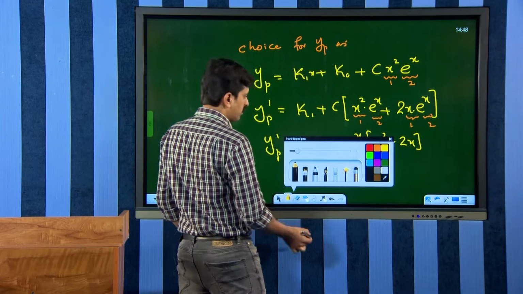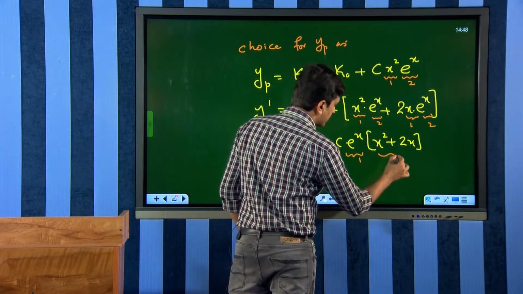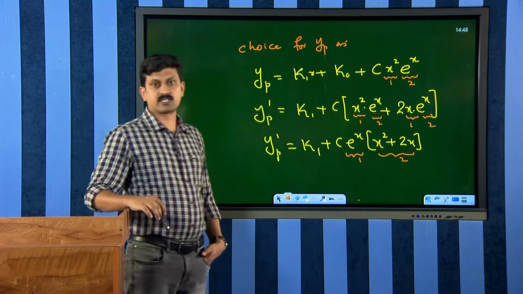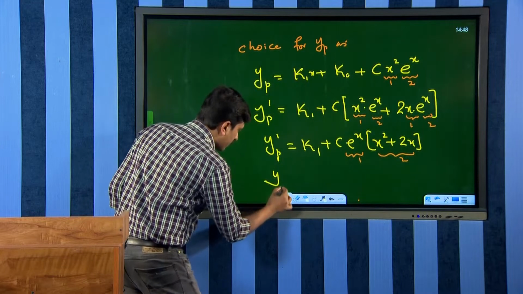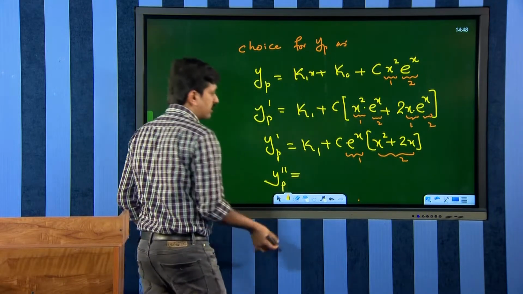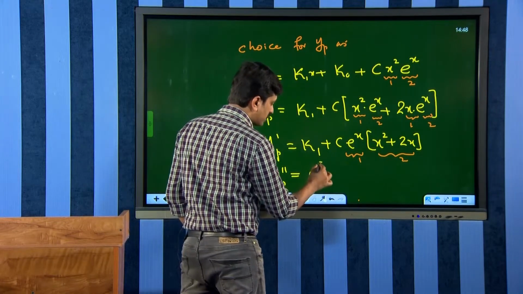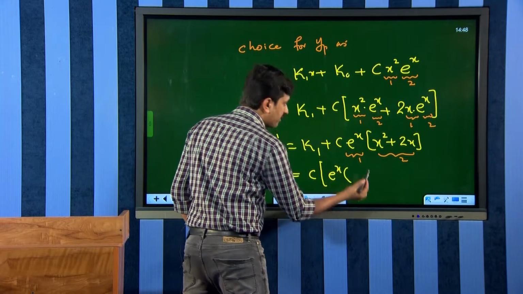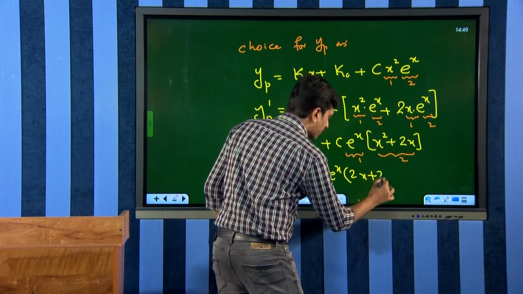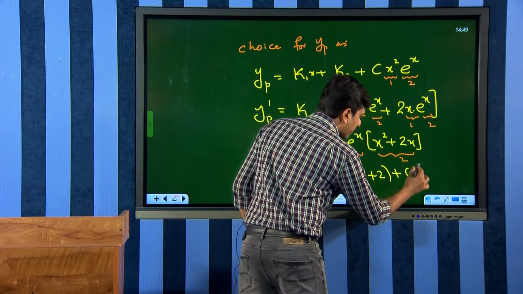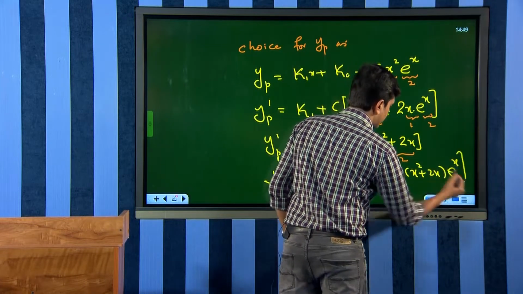Okay. While evaluating yp double dash, we can consider this as the first function and this as the second function. So yp double dash is equal to the derivative of k1, which is 0, and c is the common constant, and e raised to x into the derivative of x square plus 2x, that is 2x plus 2, plus x square plus 2x into the derivative of e raised to x, that is e raised to x itself.